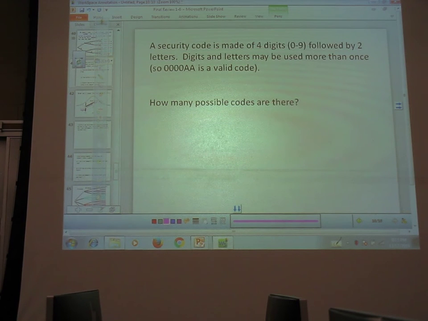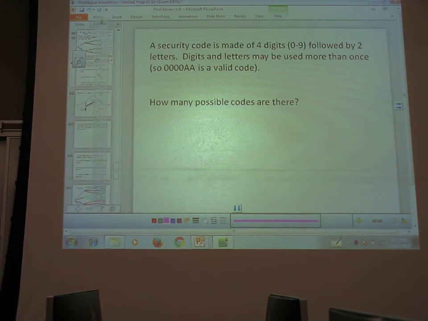How do you know it's counting? Whenever it says how many, then you know it's going to be a counting one. Here, can we reuse items? Yes. So it's not a permutation or combination, because we can reuse items. How many choices am I making? How many decisions am I making?